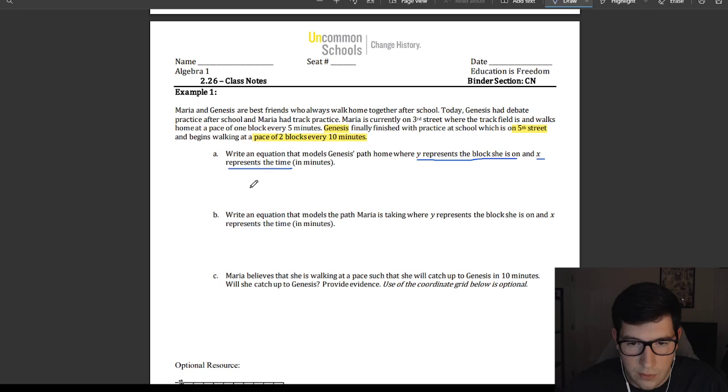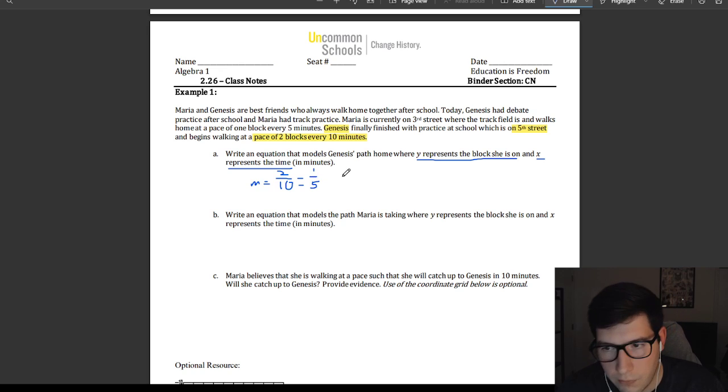So my slope is 2 blocks every 10 minutes. Because remember, this is my change in y, it's 2 blocks, and my time is 10 minutes. After we reduce, this is going to be 1/5. So my slope is 1/5.